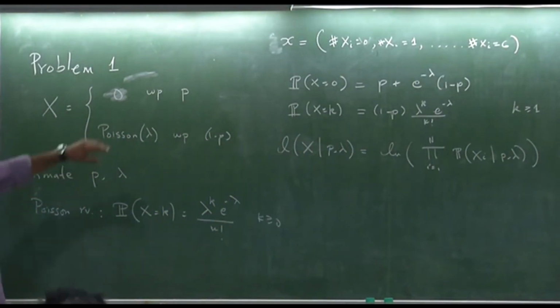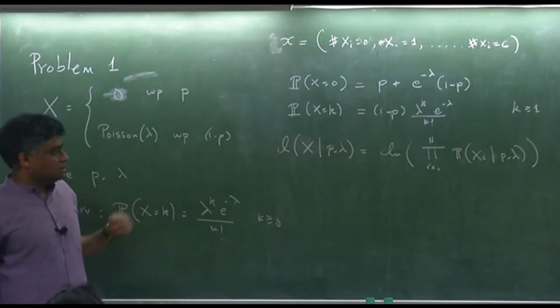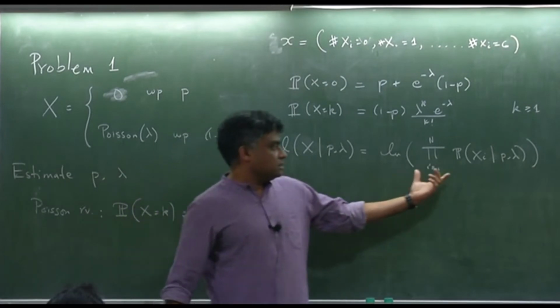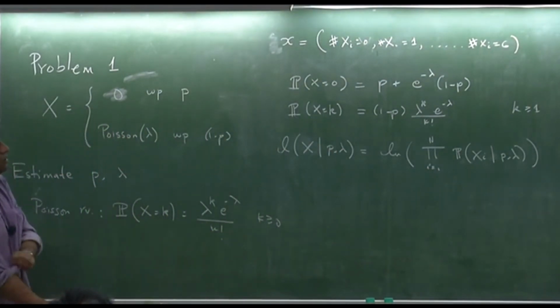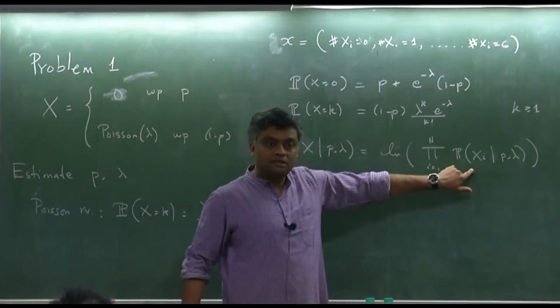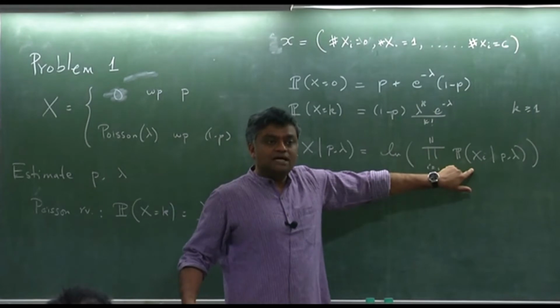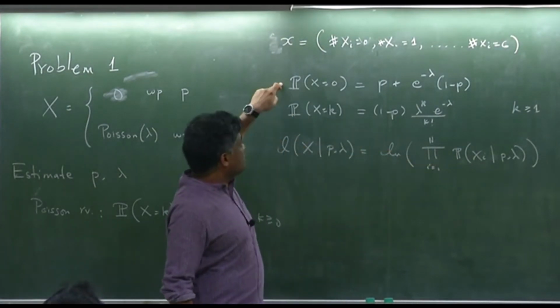So now there are two things. This is the data that has been given, where you have counted the number of zeros and ones. So if I write it this way, what would be the log likelihood, or what is this probability? How would I write this probability? If xi is equal to 0, I will write this probability.